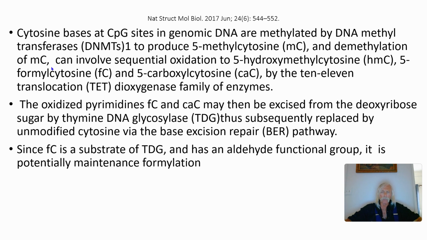They will produce a product called 5-methylcytosine, or mC, and you're going to get demethylation of that methylcytosine, and that can involve a sequential oxidation, first to 5-hydroxymethylcytosine, then to 5-formylcytosine, which is going to be a major feature of today's talk, and then the complete oxidation to 5-carboxycytosine.